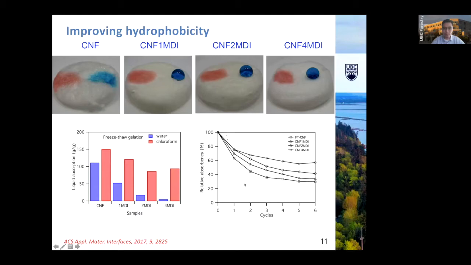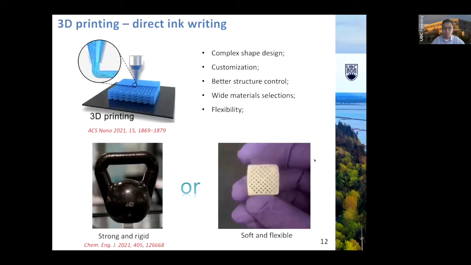After 6 cycles, it only retains about 30 to 40% of original absorption capacity. However, after modification with a four weight of the MDI, it can maintain much higher, about 60% of the absorption capacity. This means the structure becomes more rigid and stronger, and it can prevent the shrinkage during the evaporation.